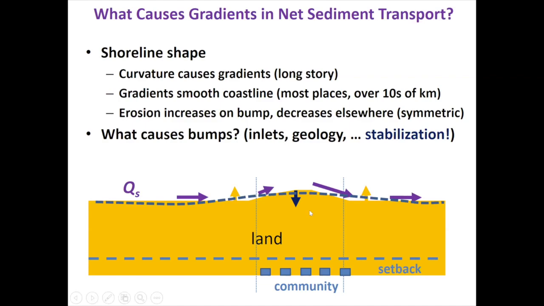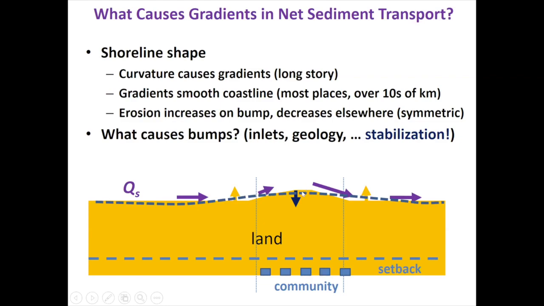But if we think longer term than that, if this community continues to stabilize their coastline through nourishment, so they nourish every so often to keep, in the long term, the shoreline position fixed in their community, with some wiggles representing different parts of the nourishment cycle.